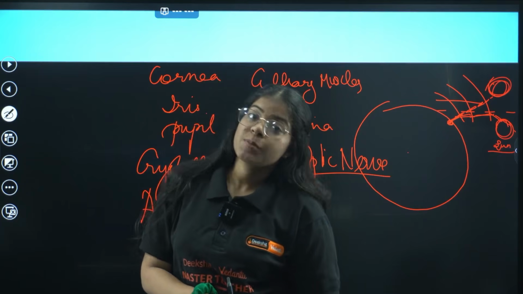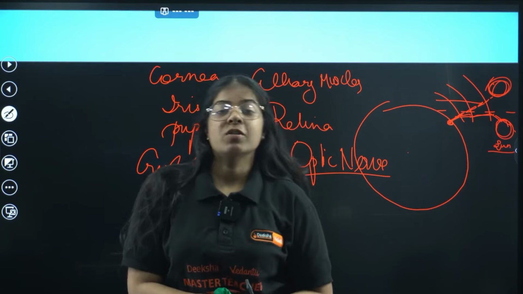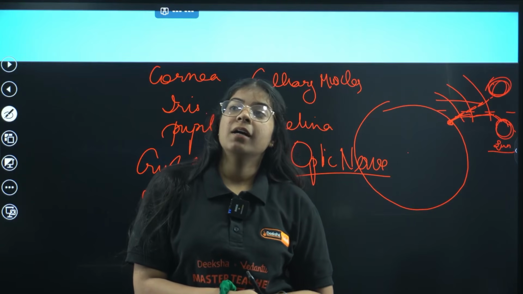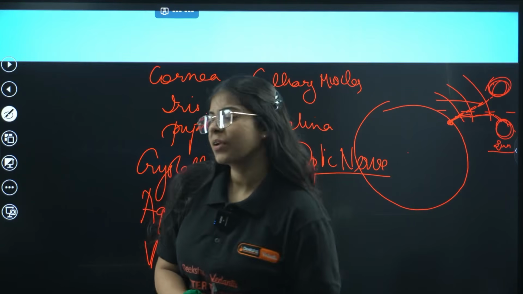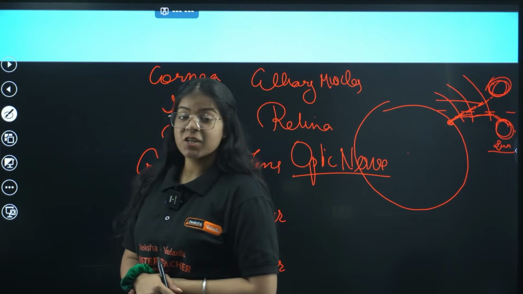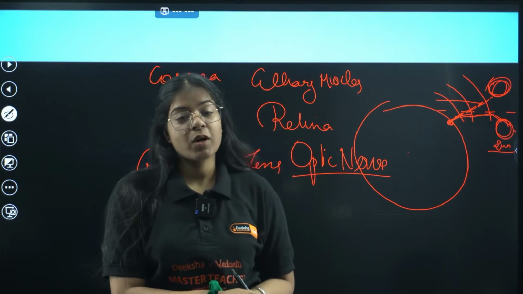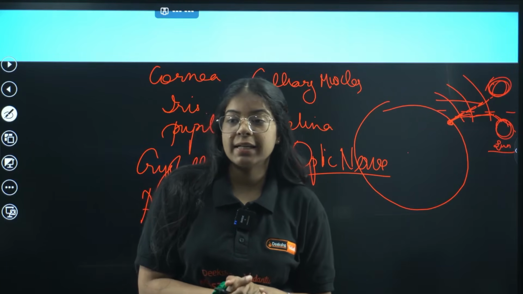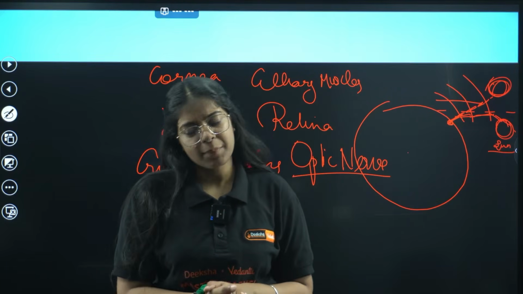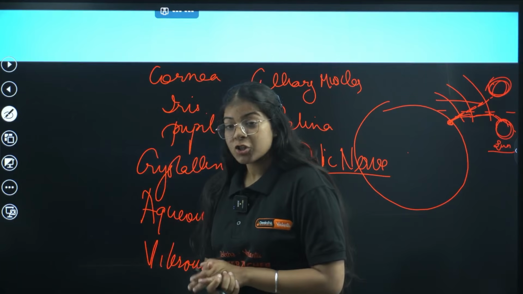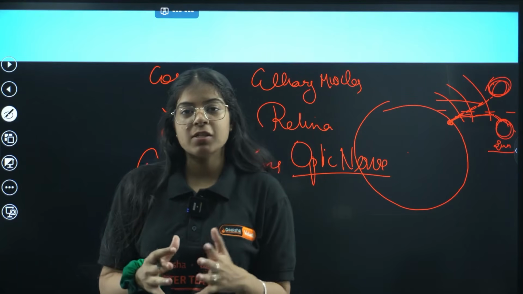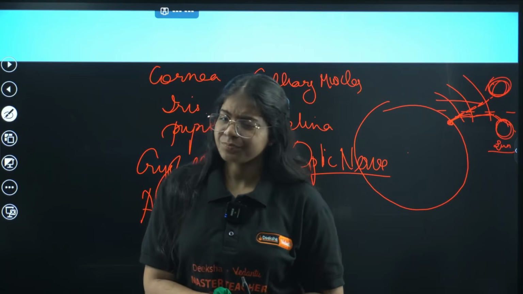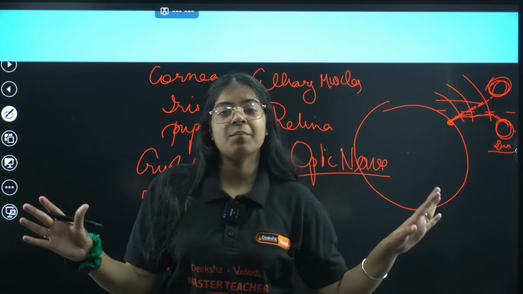Then we studied dispersion, scattering, the Tyndall effect, and what did we study after that? We studied atmospheric refraction, and we saw different kinds of questions. All these questions are very important. They can come in your exam directly even or with some examples. So make sure you know the basic concept of it, and then we saw 1 or 2 numerical. That's it. The chapter is completed.